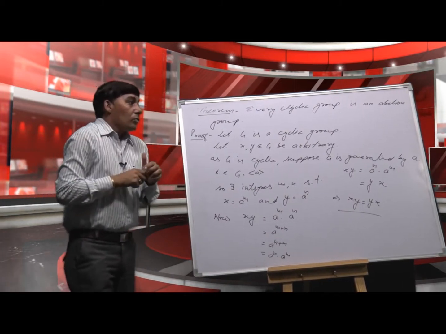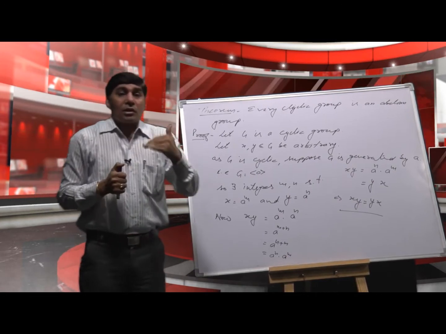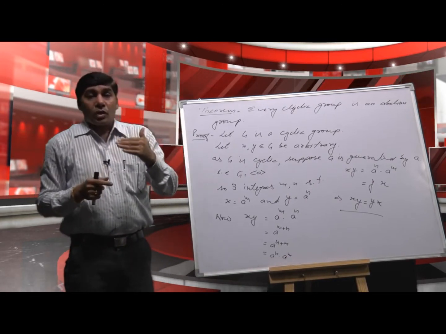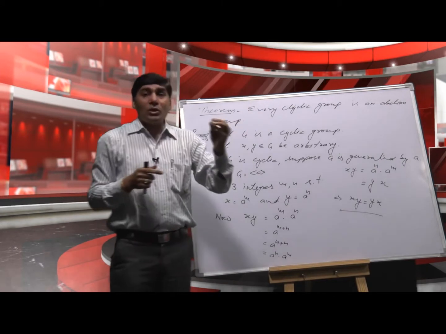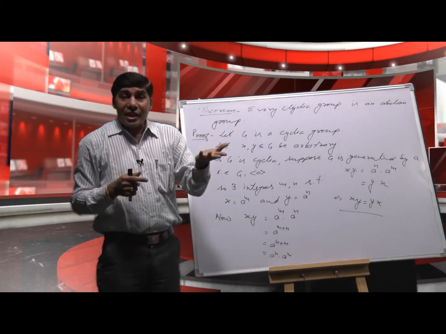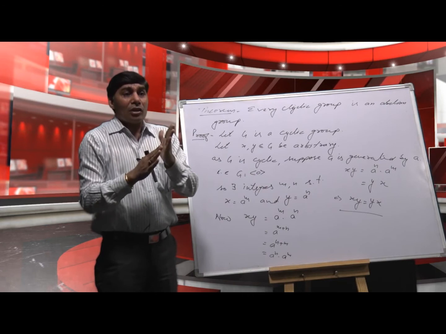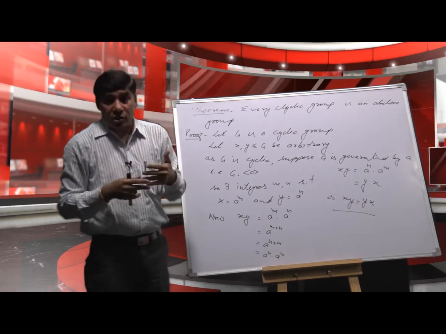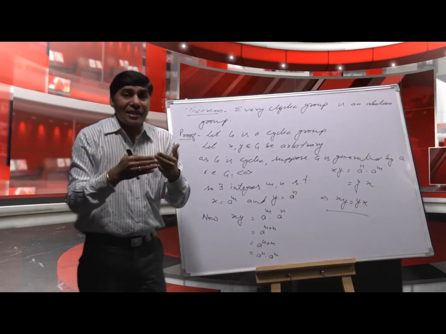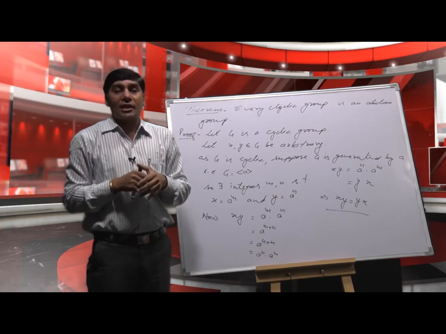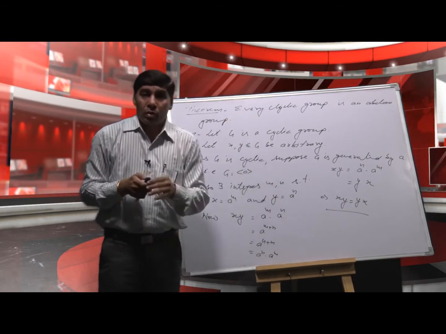In the next theorem, we will prove that a cyclic group can be generated by more than one element. So a cyclic group can have more than one generator. If a is a generator, then its inverse is also a generator. In the next result we will prove this.